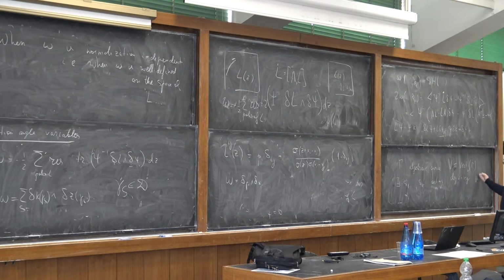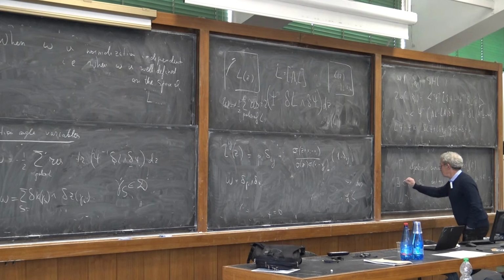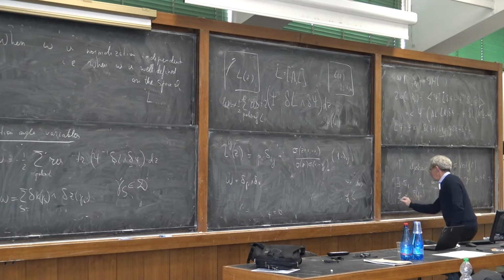Here s runs from 1 to RG. So these sections satisfy: sum over alpha i from 1 to R of alpha s sigma at the point gamma s is 0.